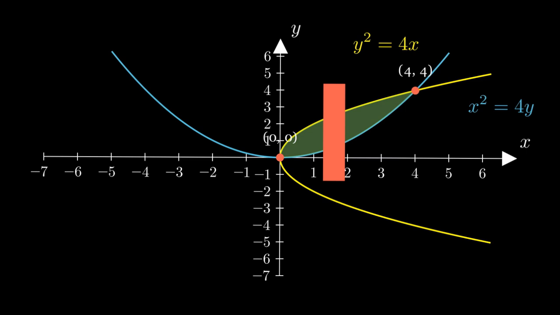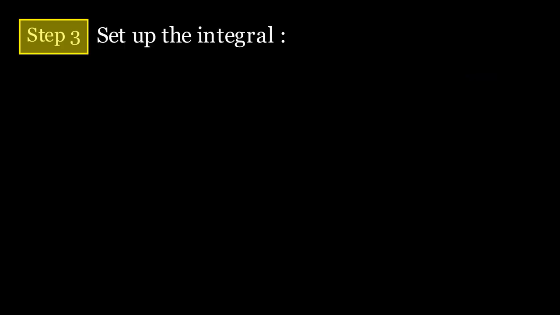We first determine the range of x values. The region starts at x equals 0 and ends at x equals 4. So, x varies from x equals 0 to x equals 4.